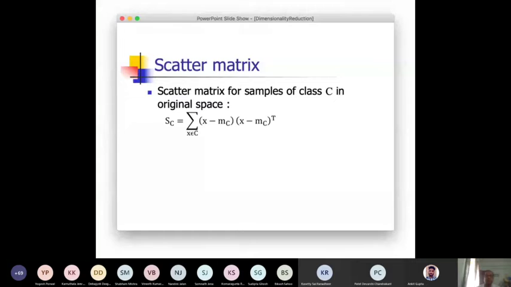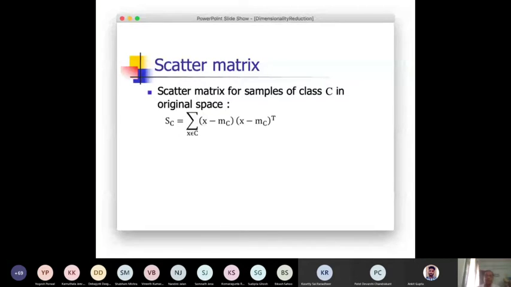Here it is shown as a matrix representation, which is almost similar to the covariance definition.